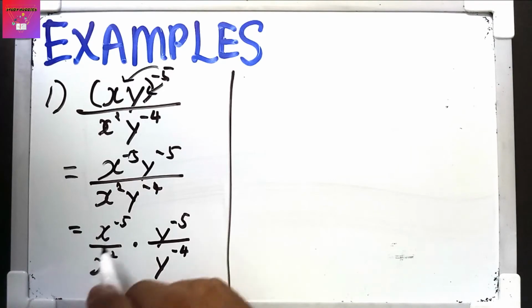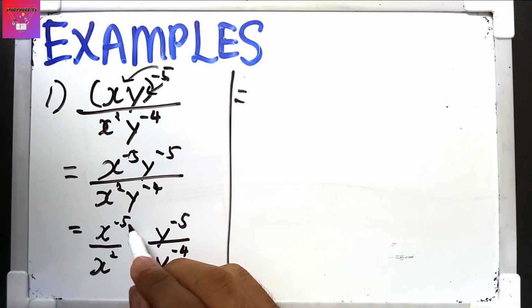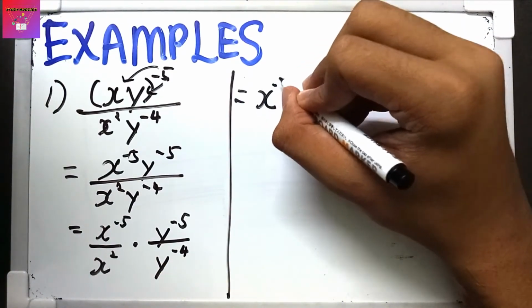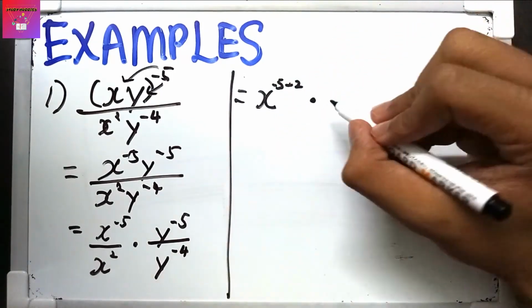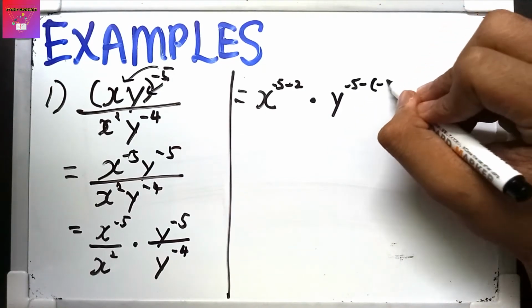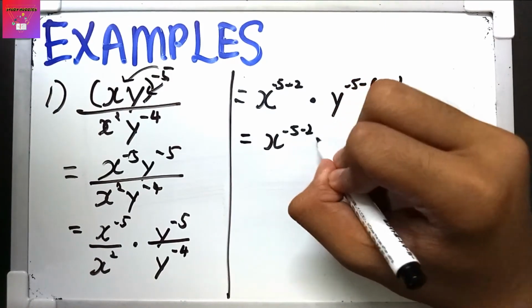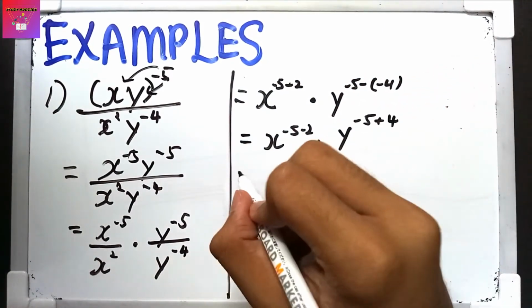So when you see a division like this, as I've mentioned in the exponent rule just now, when a division comes, the upper power minus the lower power, which means it's now x to the power of negative 5 minus 2. And on the other hand, for the y, it's y to the power of negative 5 minus negative 4, which makes it y to the power of negative 5 plus 4.